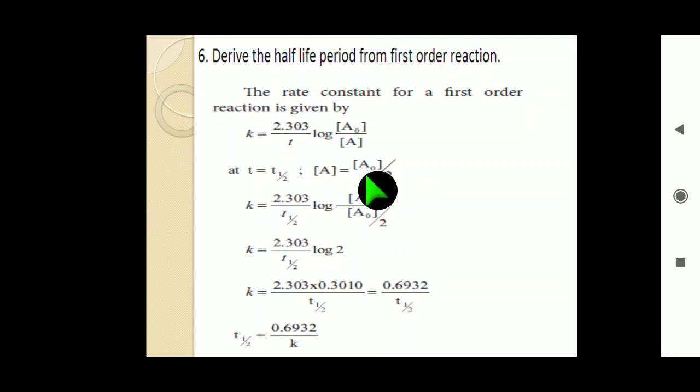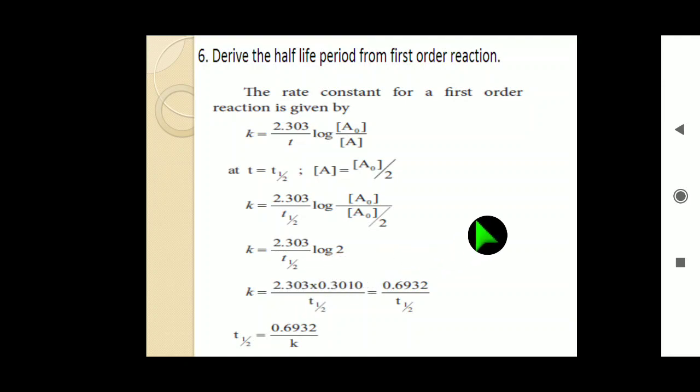After applying that in the first equation, we can get it like this. Now we should simplify this equation. The A naught will cancel, the 2 will come up, so we can write K equals 2.303 by T 1 by 2 log 2.